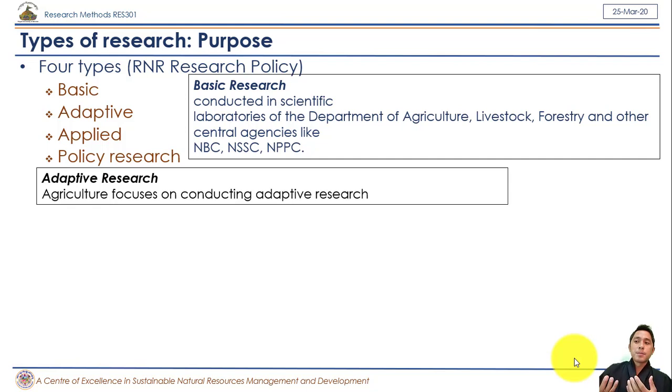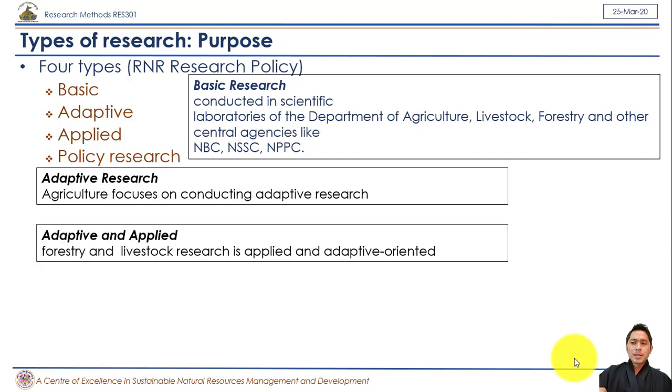If they have found good breeds of animal, or good ways to produce something, they are going to apply that to our normal livestock. So that's applied research. Adaptive and applied research is mostly taken up by forestry. Again, like I said, livestock research is also coming up with lots of applied research.